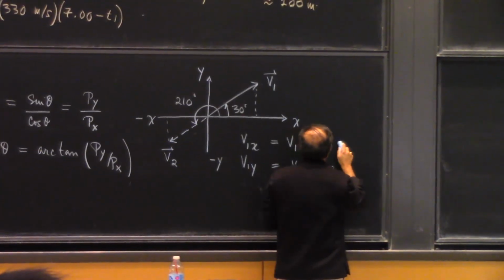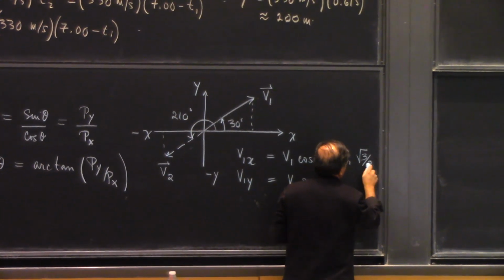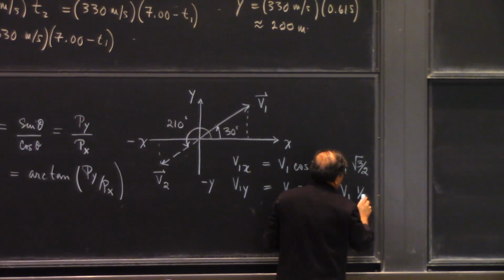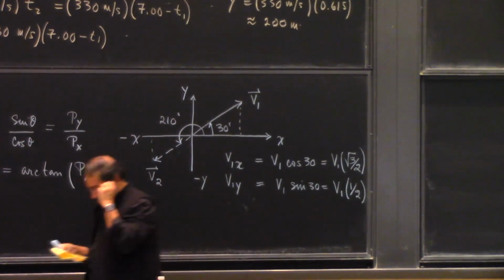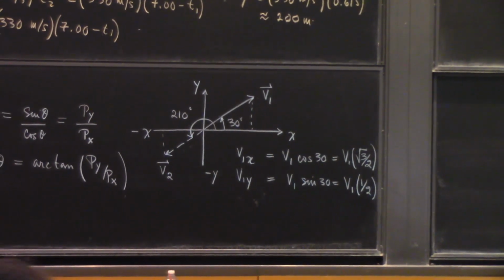So cos 30 turns out to be root 3 over 2, and I'll show you how to calculate these, and this you have to know. And sine 30 is a half. Sine 30 is a half, and cos 30 is root 3 over 2.